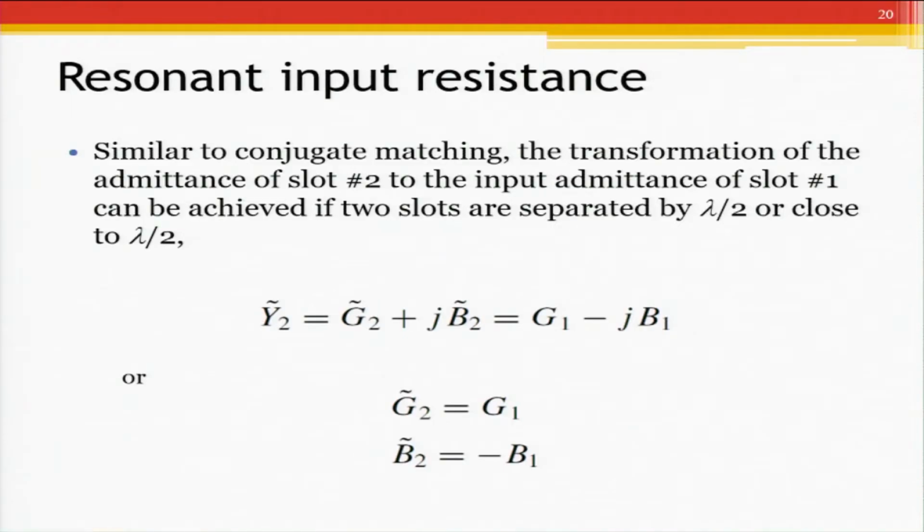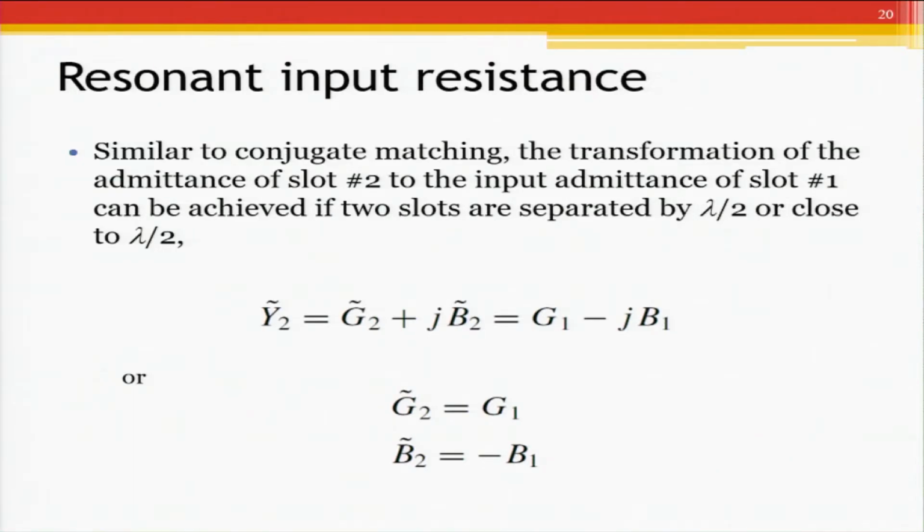So we want to do matching to make sure that radiating slot number 2 equals radiating slot number 1. And again, in matching, we have to eliminate the susceptance, or the imaginary part, so that's why we need to use conjugate matching.